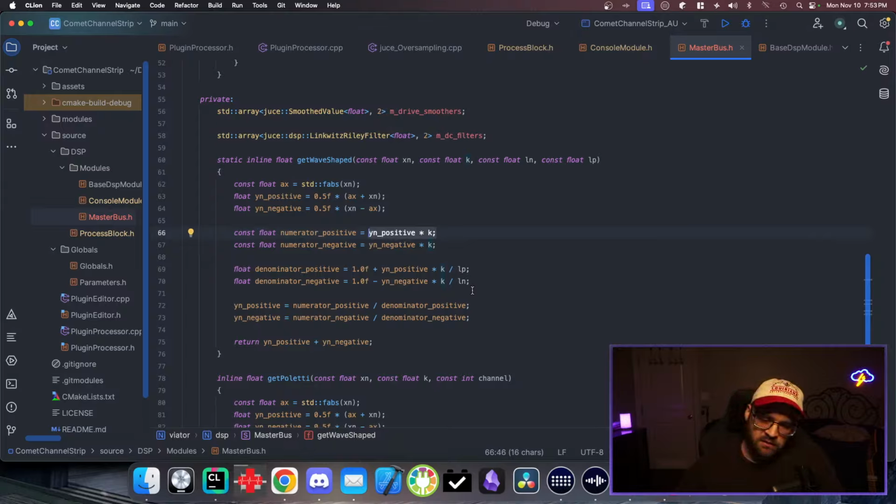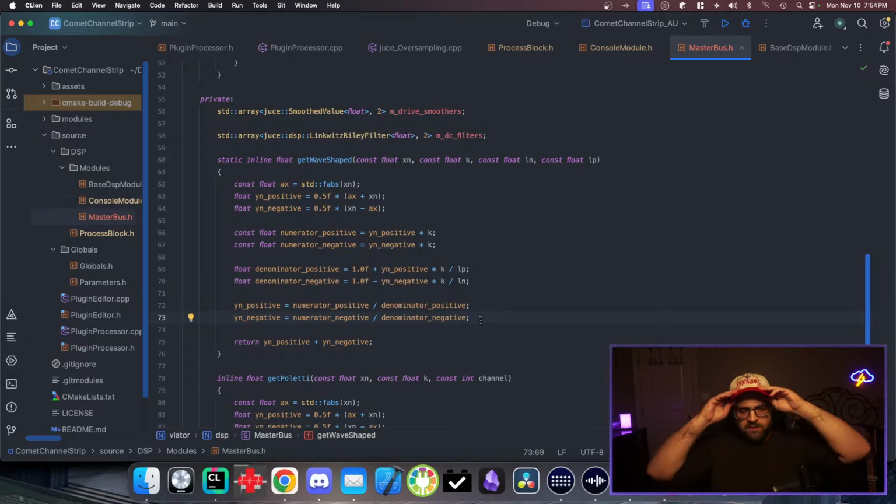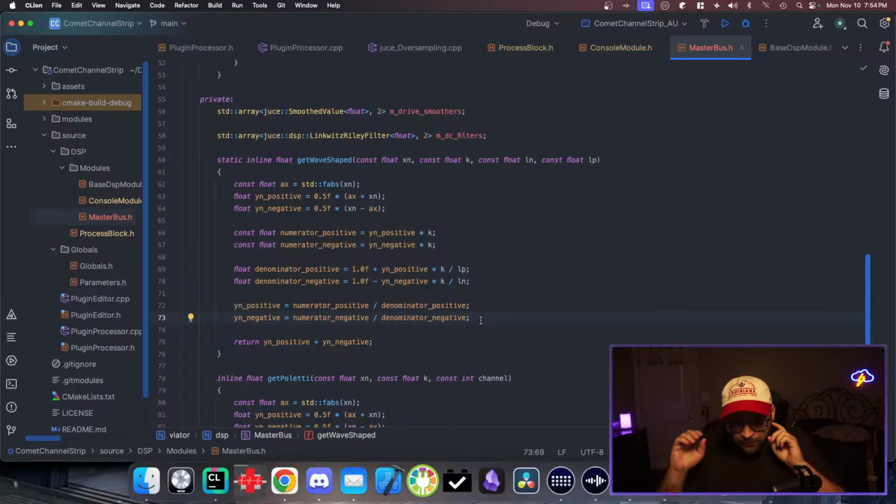The only thing that's somewhat CPU intensive is these divides. But on a modern CPU, is that even going to be a problem? It's probably just going to optimize away the, well, maybe not, because it is based on the input. But still, it's not a big deal.